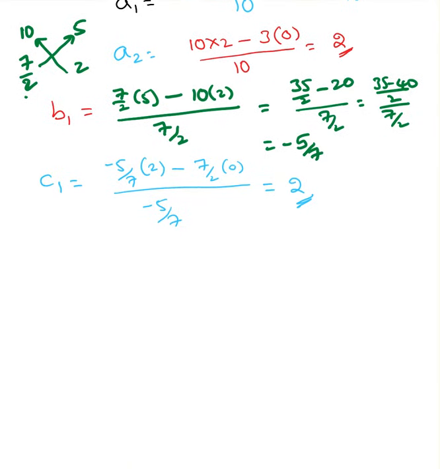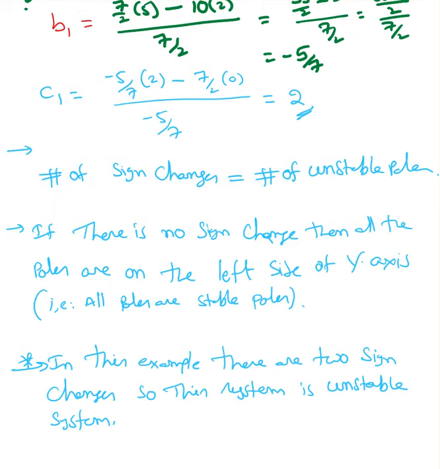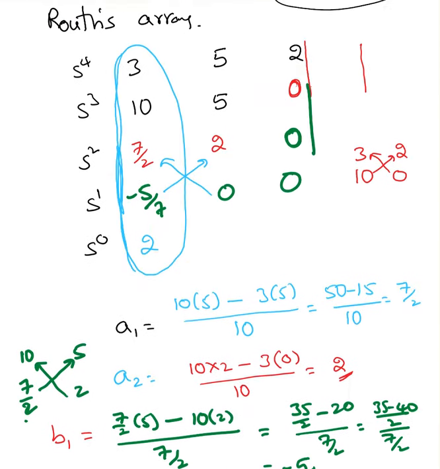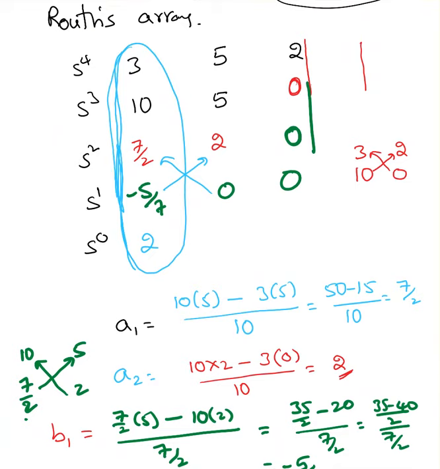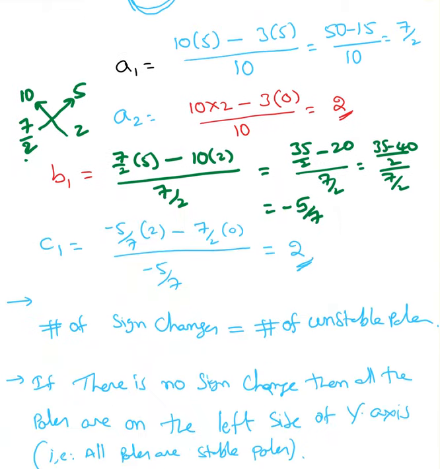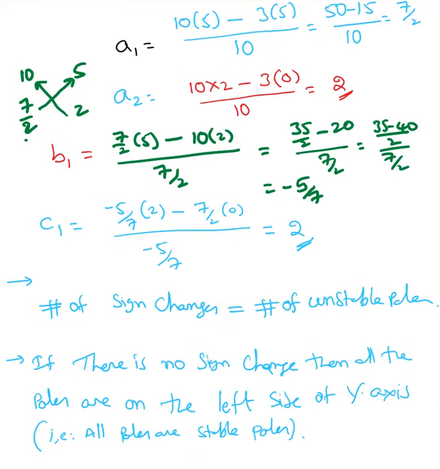The important point you need to know: the number of sign changes in the first column is equal to the number of unstable poles. At the same time, if there are no sign changes, then all the poles are on the left side of the y-axis.